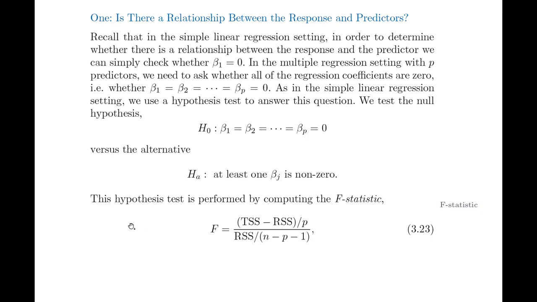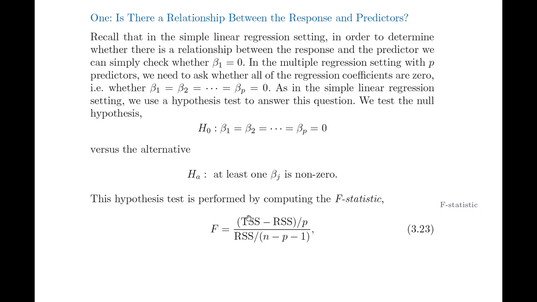So you're going to calculate the F statistic. We have minimized the RSS, so that's going to be a specific value. We know the number of predictor variables. In the case of the advertising data set, we're using 3: radio, newspaper, and TV.